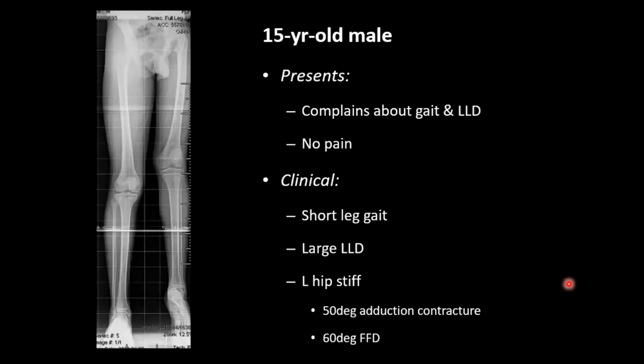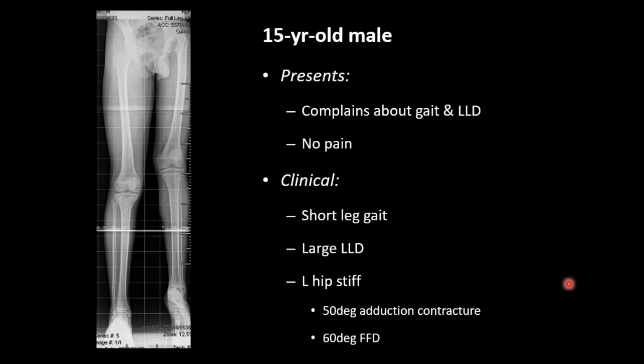If you look at his long leg view here, he had a very large leg length discrepancy, partly due to proximal migration of his femur from the AVN, but mostly because of a large adduction deformity at his hip. So his leg was so adducted that it gave a 50-degree adduction deformity, a very significant further apparent shortening of this limb, and then also a 60-degree fixed flexion deformity of his hip. So he really had a terrible gait.